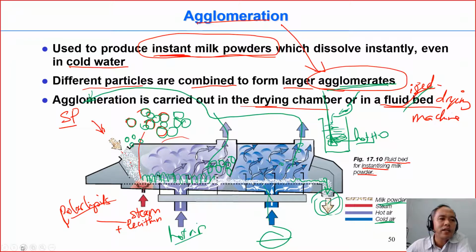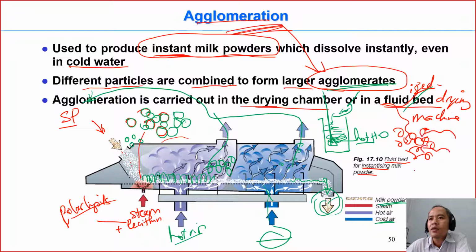But nowadays it's very easy to dissolve milk powder because they applied this step already, and now the powder is agglomerated like this, which means the water can migrate inside easily. Even if you put a full spoon down, the water can migrate inside easily and disintegrate the powder, and the powder becomes dissolved very easily.